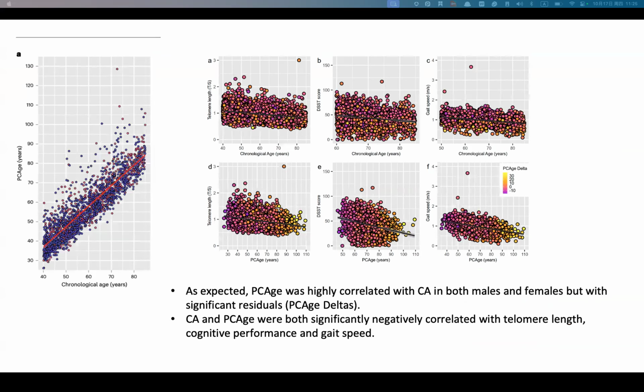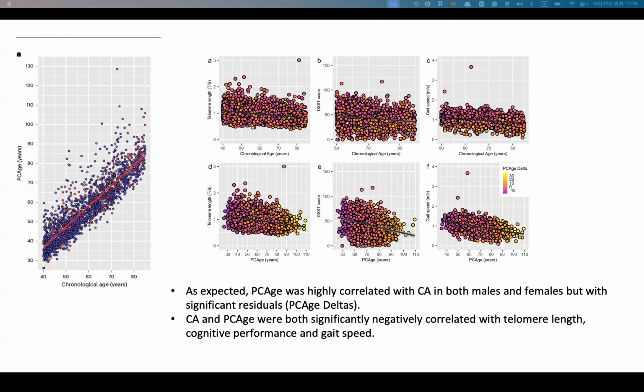And the right picture, the analysis is to show that the chronological age, CA, and the PCH, which is presented in this paper, were both significantly negatively correlated with telomere length, cognitive performance, and gait speed.